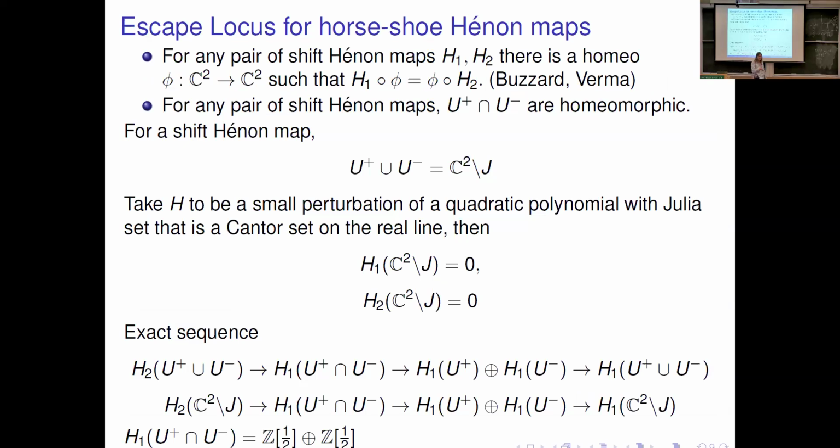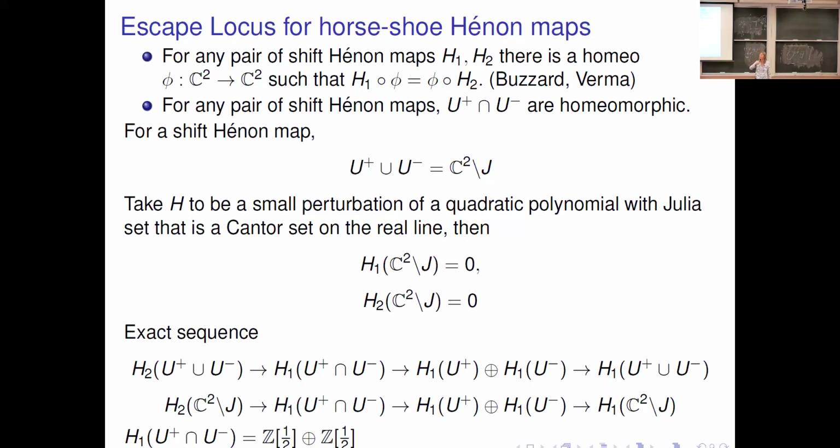The reason we can describe it is that for all horseshoe Henon maps, U plus intersected with U minus are the same, because there is a conjugacy. This conjugacy was constructed by Barges and Vermeer using holomorphic motions.